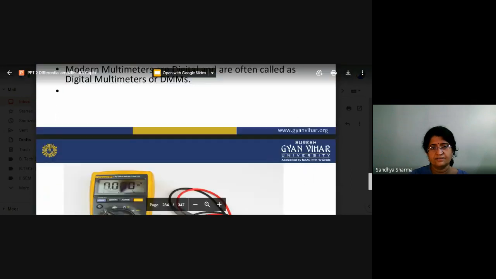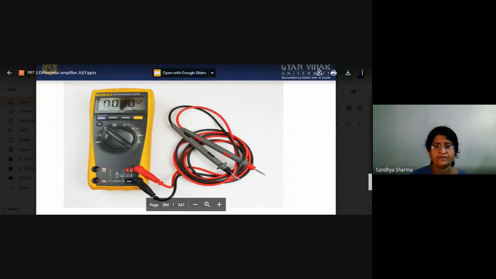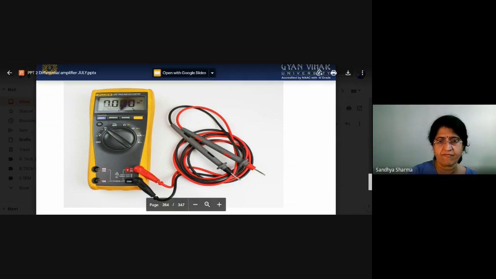Now you can see your multimeter basics. These multimeters are also in our laboratory. This is a picture of our multimeter.